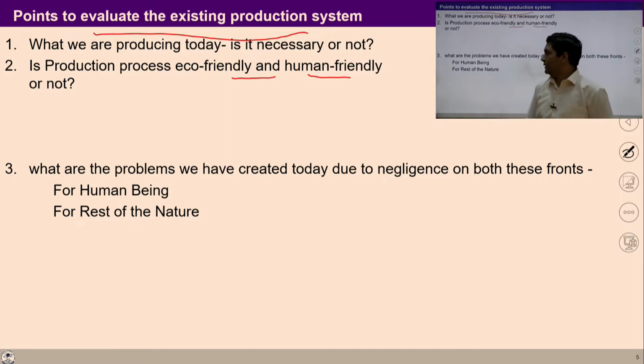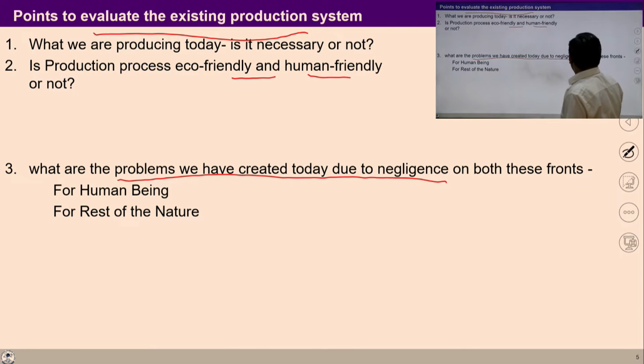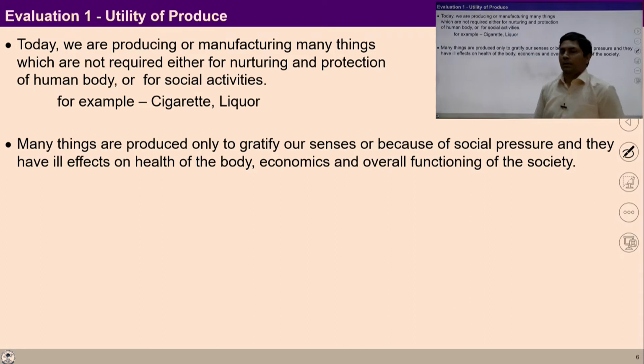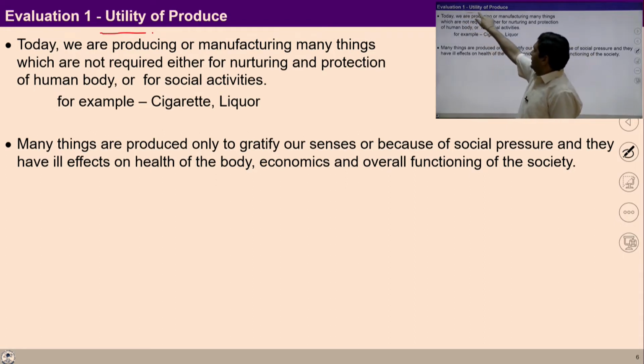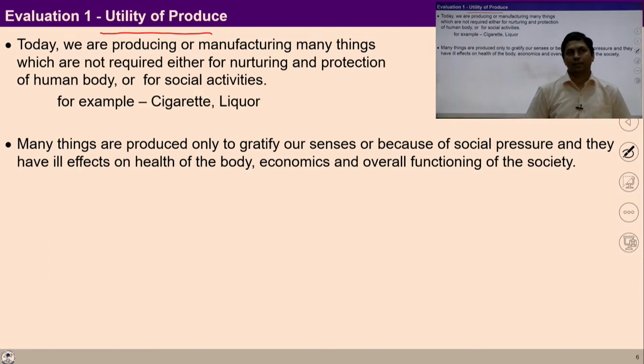And we will also study the problems we have created today due to negligence on both these fronts. So these points we are going to cover in this session, and we are going to critically evaluate the present production system.